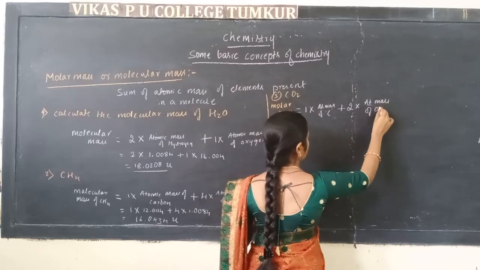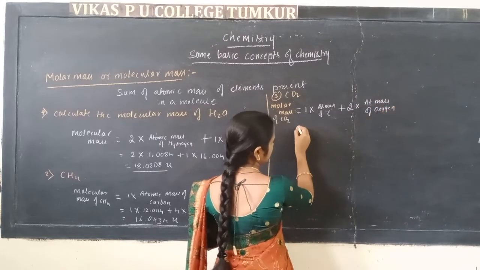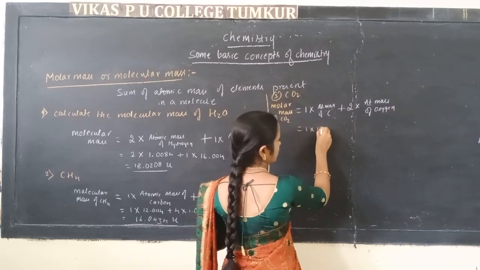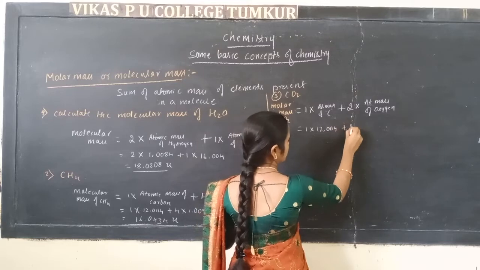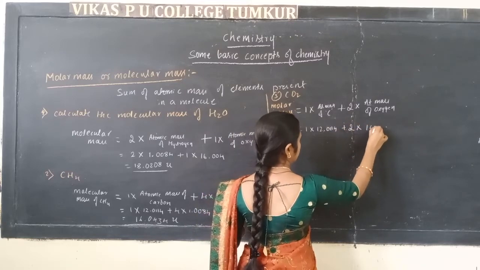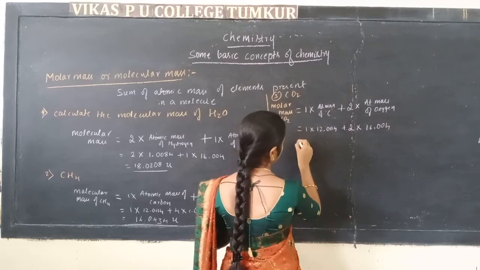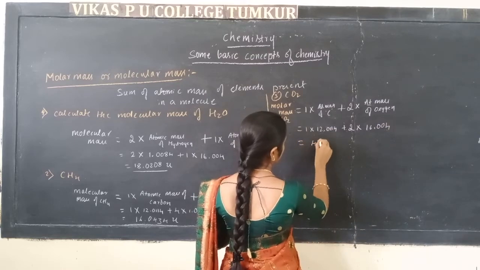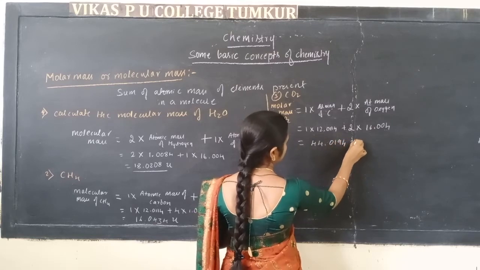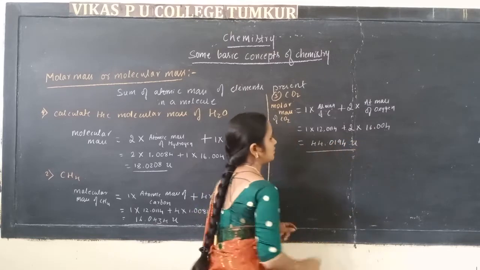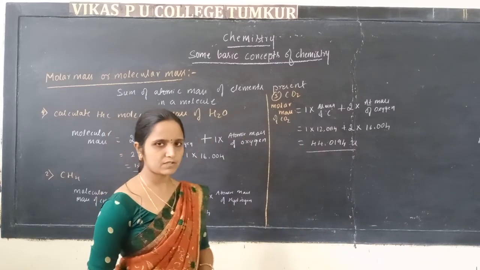You get 1 into 12.0114 plus 2 into 16.0004. On calculating this, you will get 44.0194 unified mass. This is the molecular mass of CO2.